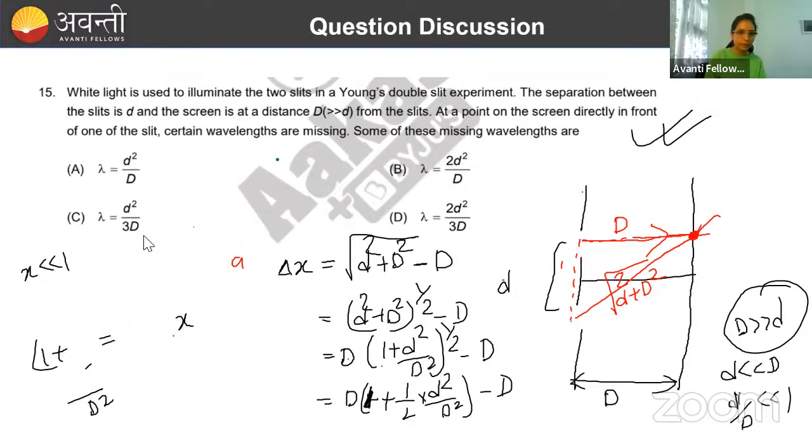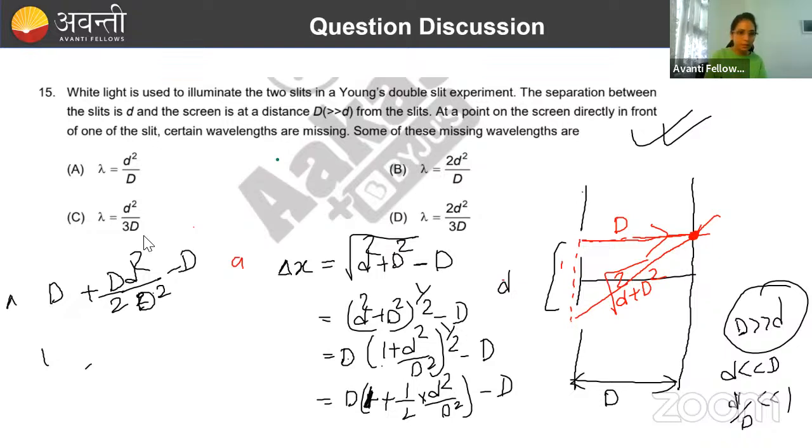I'm going to write it here. ठीक है? So आप क्या लिखोगे? Next step will be what? Just to write it. So just see carefully. Half d square by D, क्योंकि चलो D square लिखती हूँ. यहाँ पे भी D multiply होगा ना. And this is minus D. That is our delta x.